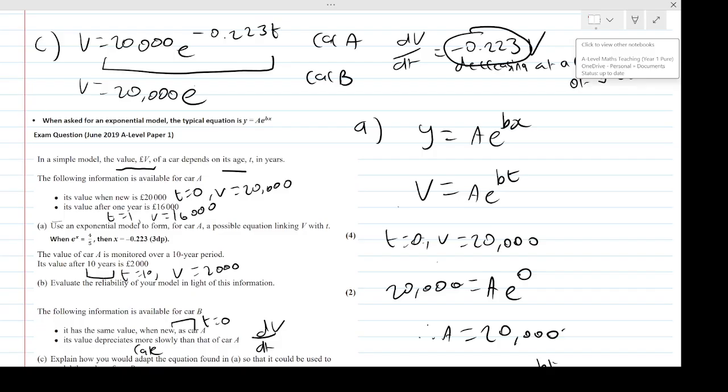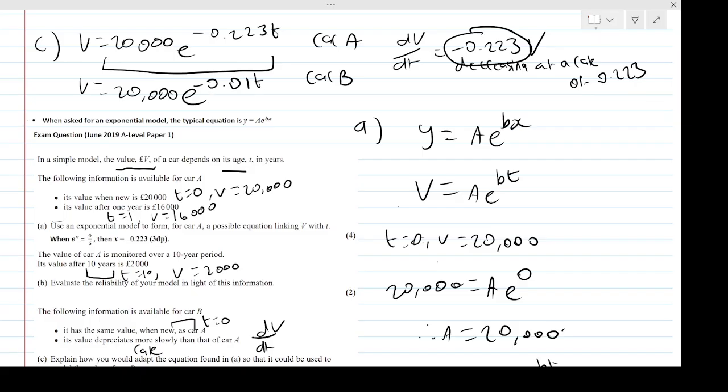It has to be something like 0.01, because 0.01 is closer to 0 than 0.223. That would mean that if we had minus 0.01t, the rate of decrease is now 0.01. That's a smaller rate than 0.223.